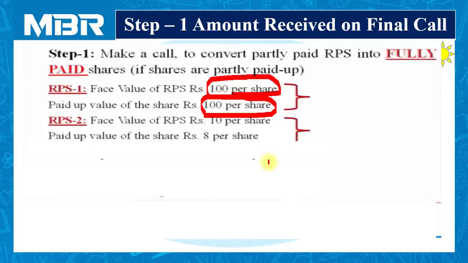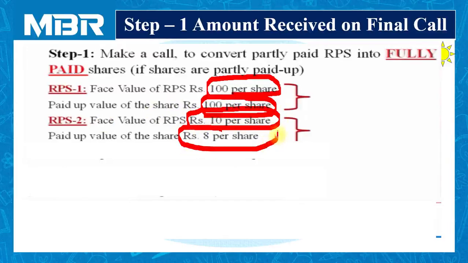Then just check RPS 2, that is the second type of RPS. For the second type of RPS, face value of the share is rupees 10 and paid up value is rupees 8. So obviously you can decide from this information that we need to call rupees 2 from RPS 2.